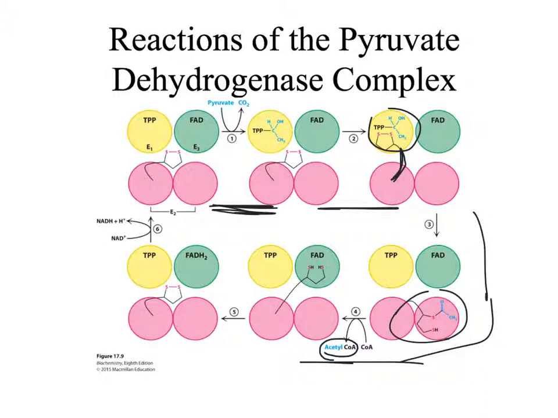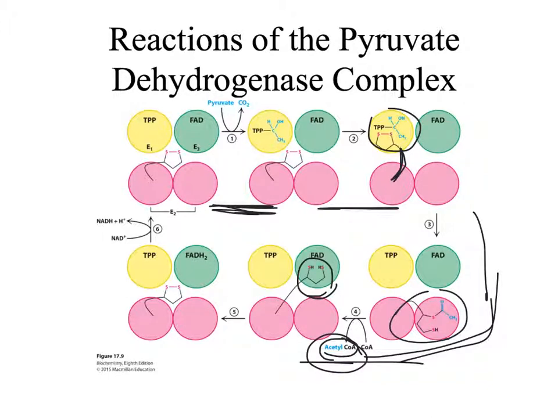So the first 4 steps are simply to produce this acetyl-CoA, which can then enter the citric acid cycle. Once we do generate that, though, we have to have additional steps so that we can take this arm here and get it back to its starting position.